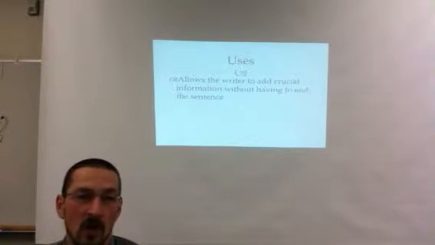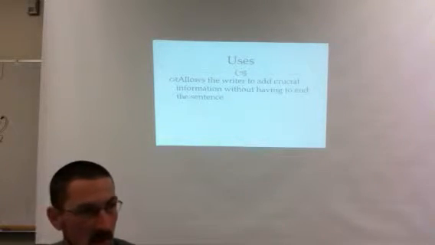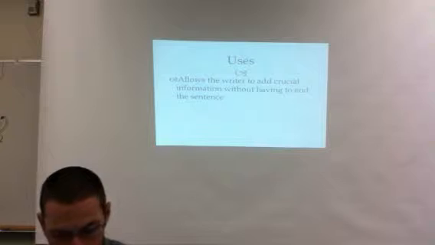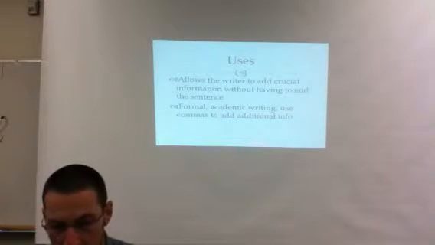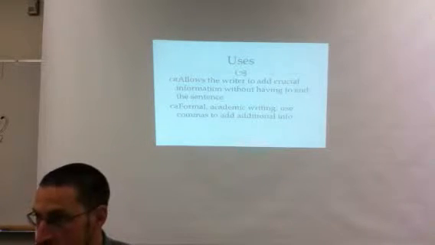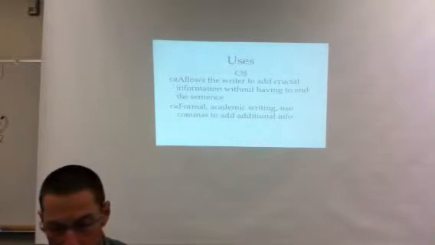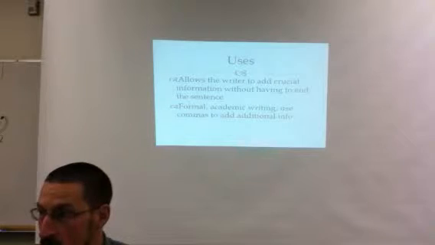And if you would like to simply insert the information into the flow of your sentence, you use a comma on either side. In formal academic writing, you want to use commas to add additional information, because parenthesis is a little more informal, and dashes are a little bit too much in your face.